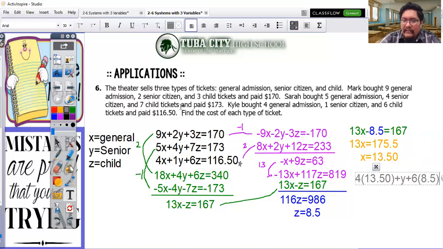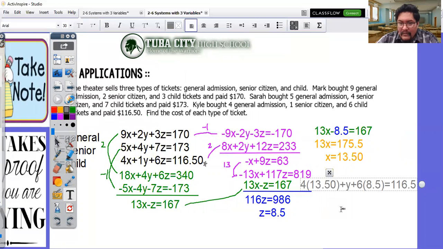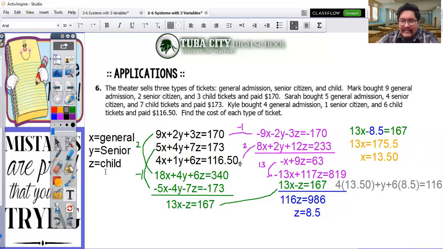And his total came out to 116.5. So 13.50 times 4 is going to be 54, plus y, plus 6 times 8.5, which is 51, equals 116.5.